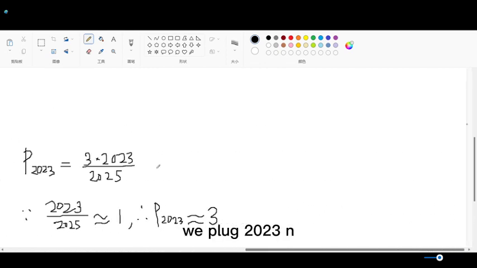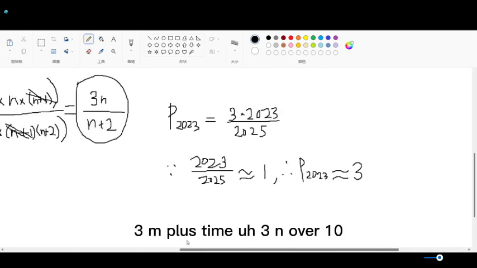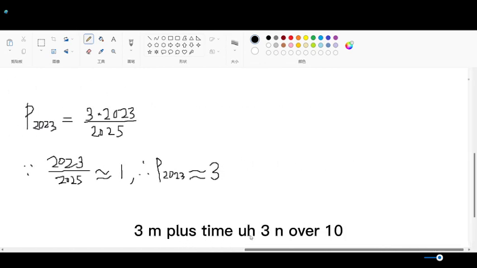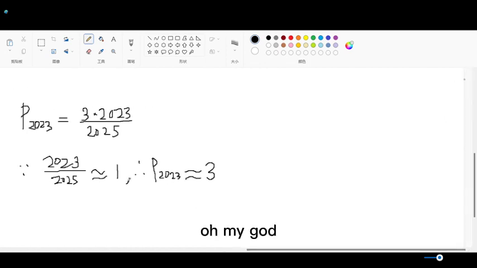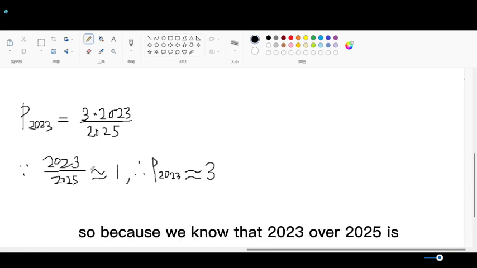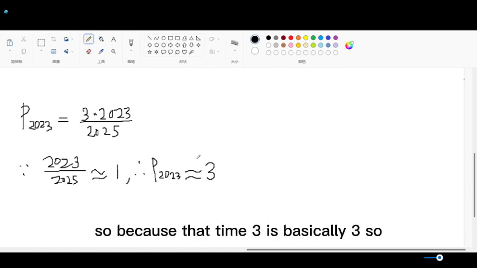We plug 2023 in, so P of 2023 equals 3n over n plus 2. Oh my god. 3 times 2023 over 2025. Because we know that 2023 over 2025 is almost 1, likely 0.99, that times 3 is basically 3.